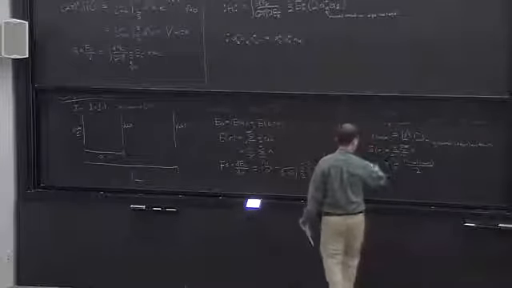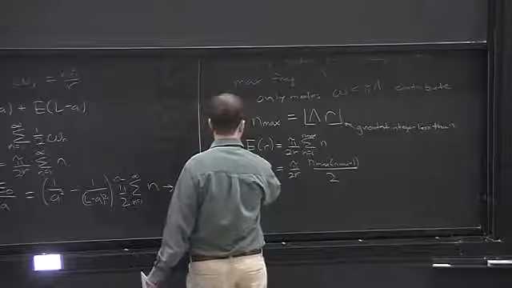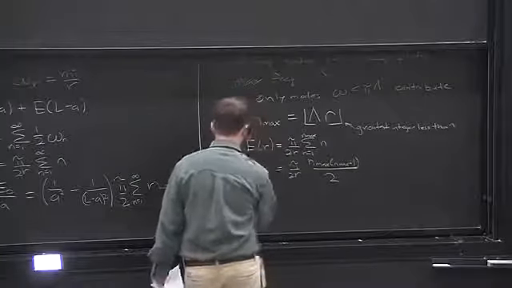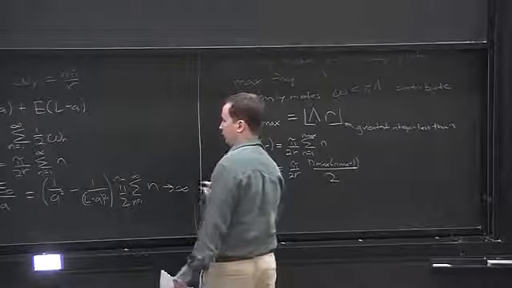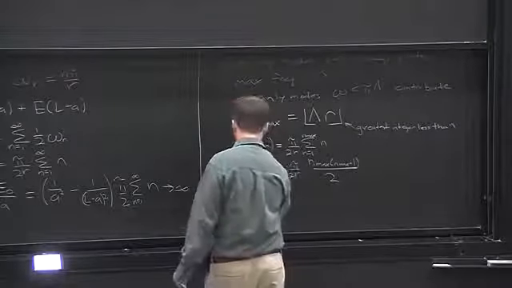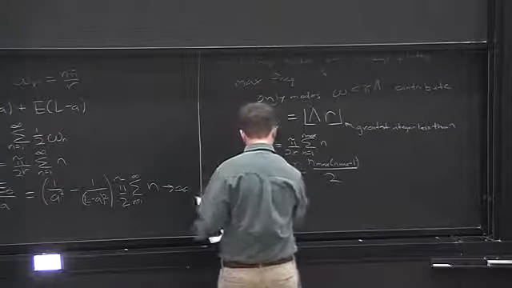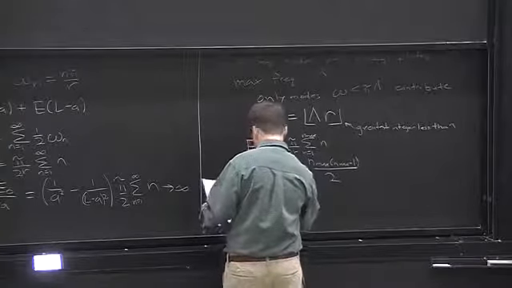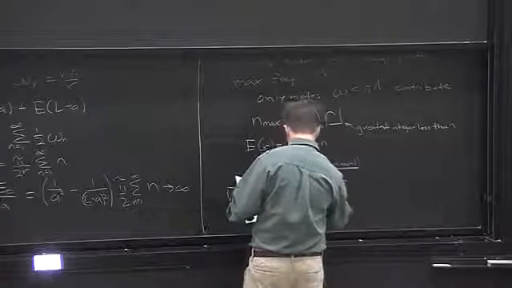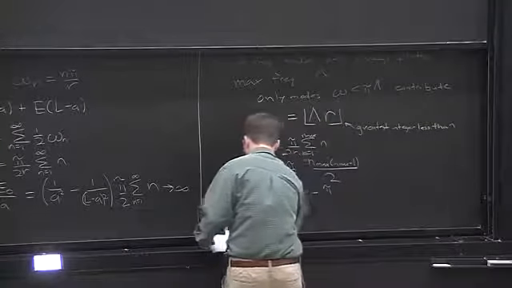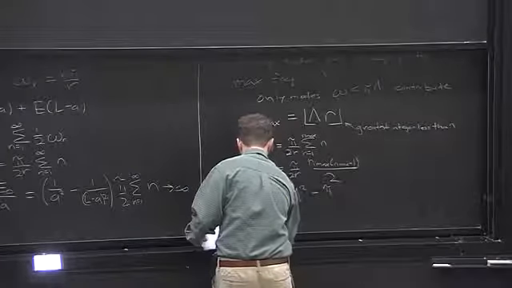So this is the energy in between two plates separated by r. To get E naught, we need to add together E of A with E of L minus A. Skipping some algebra, the result is... there's half a board of algebra that I'm not going to do in this equation.